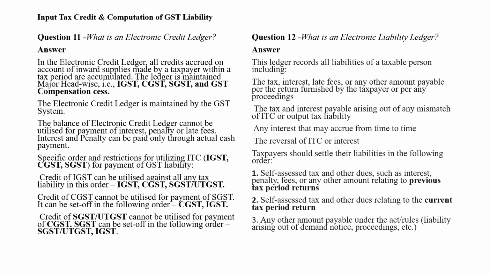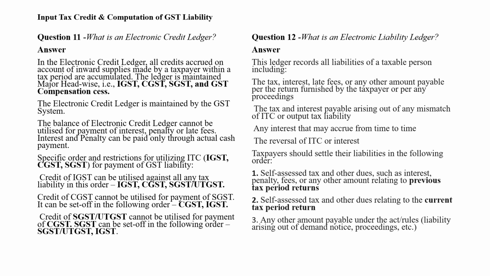There is a specific order and restriction for utilizing ITC, that is IGST, CGST, SGST, for payment of GST liability. So credit of IGST can be utilized against any tax liability in this order: first IGST, next CGST, then SGST, UTGST.